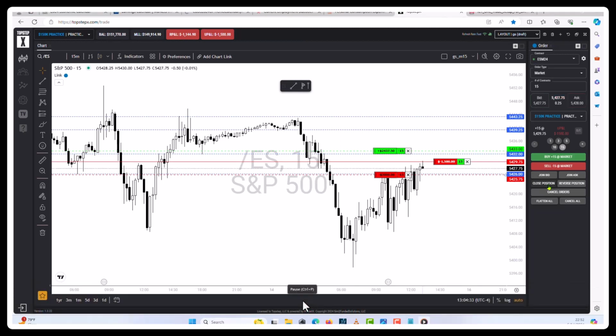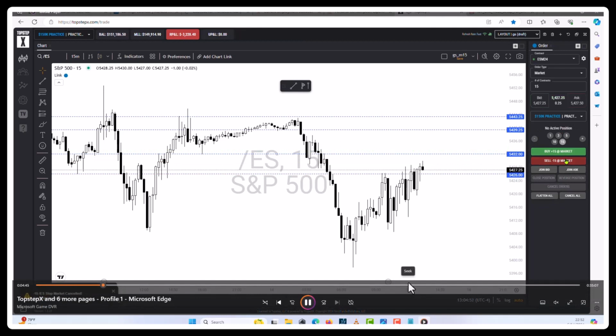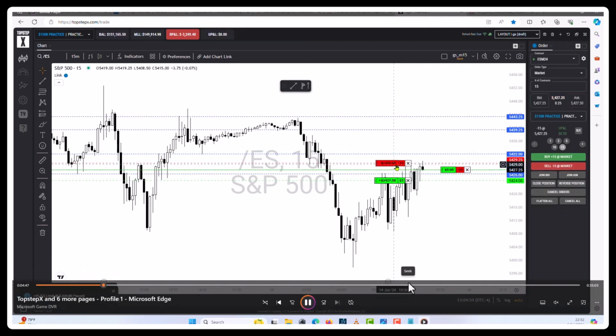We close the long position. Yeah, we close the position, and then we go back and short them. Oh man, we go short them, and look what happened.